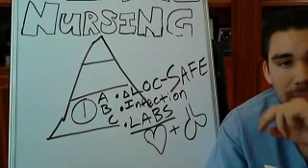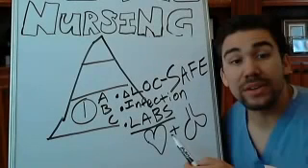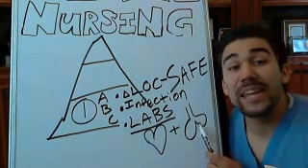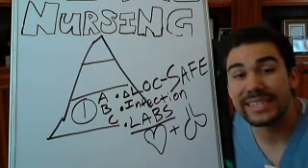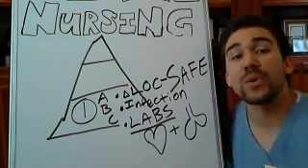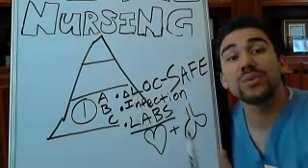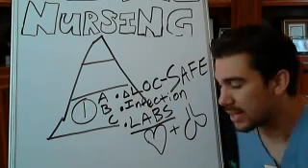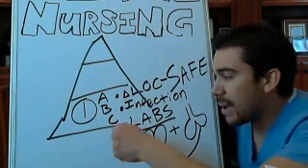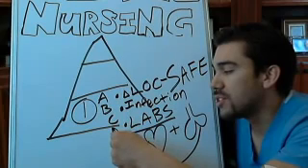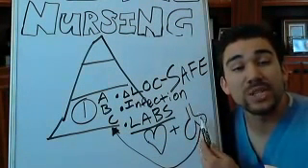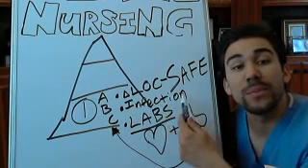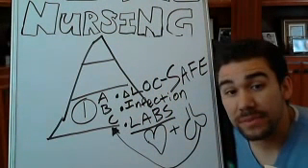Now, your patient with laboratory values, let's just say that their ABGs show respiratory acidosis. That is leading into criteria for acute respiratory distress syndrome. Those labs directly relate to our airway, breathing, circulation. So that patient will go higher than someone suffering from an infection.